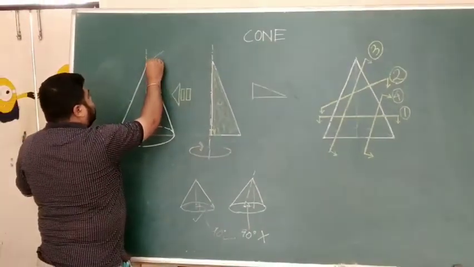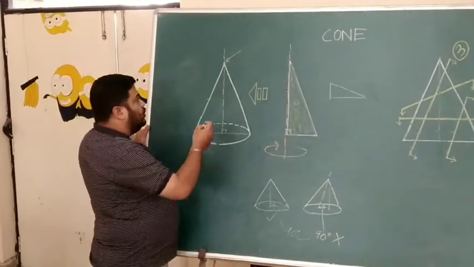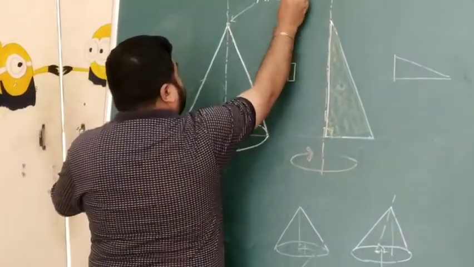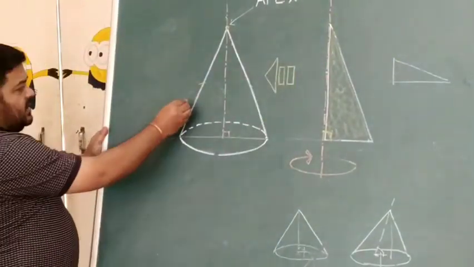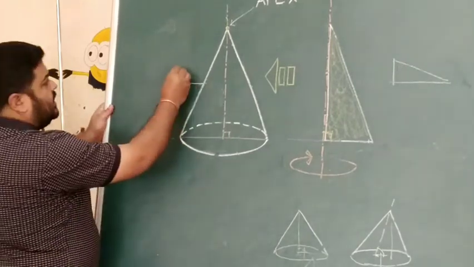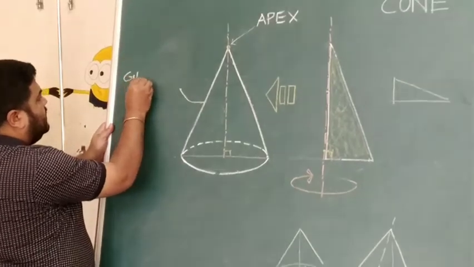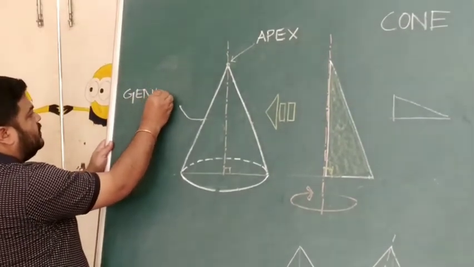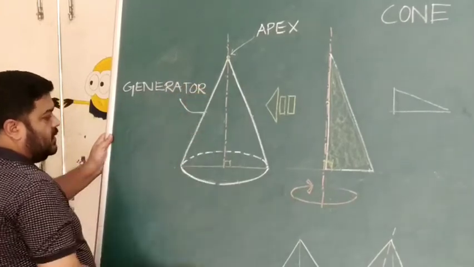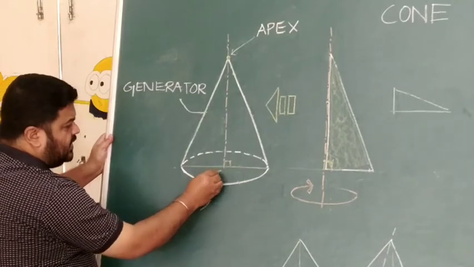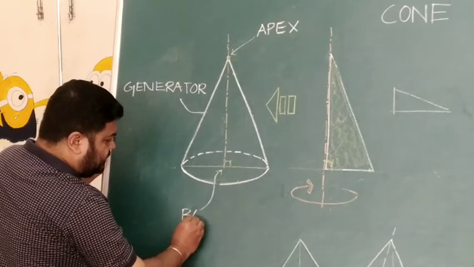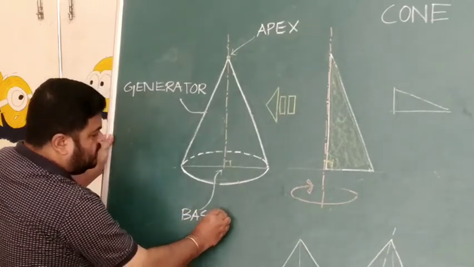The top point of the cone is known as the apex. This slant height is known as the generator. The circle upon which the cone rests is known as the base.